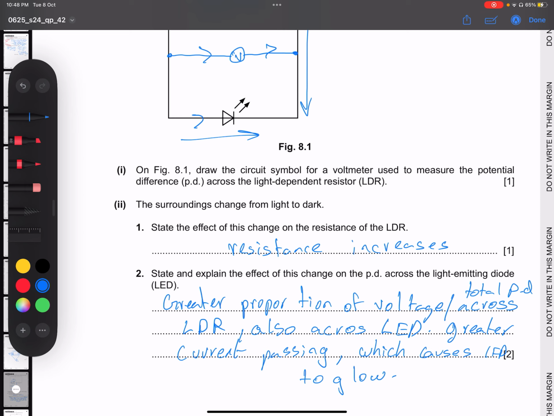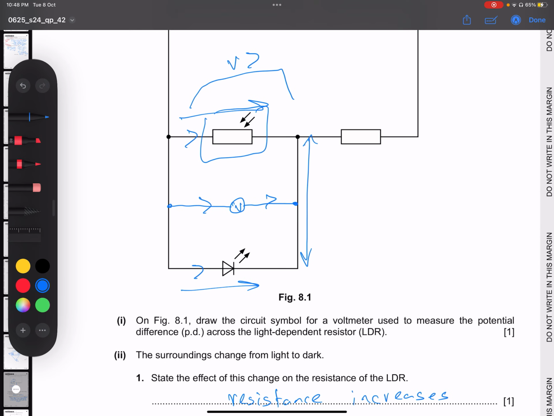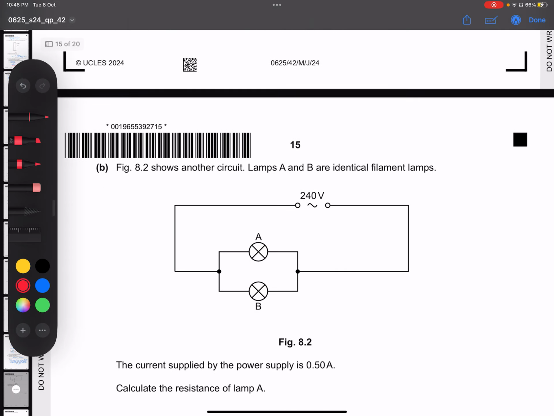This is because the LDR has a greater resistance now, so it has a greater proportion of the total PD across it. The LED, since it's connected in parallel with the LDR, also has a greater potential difference across it. This greater potential difference means there is a much stronger current now passing through the circuit here rather than here. This greater current causes the LED to glow more brightly. And that's about it.